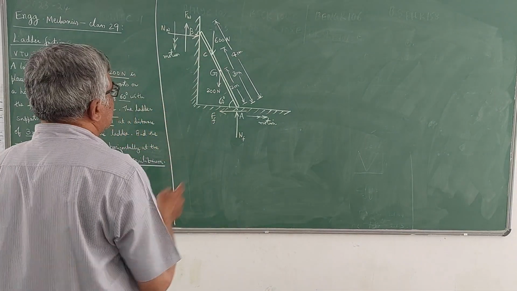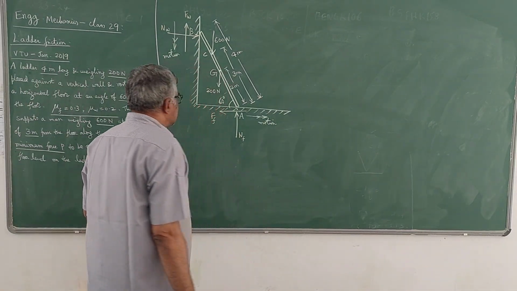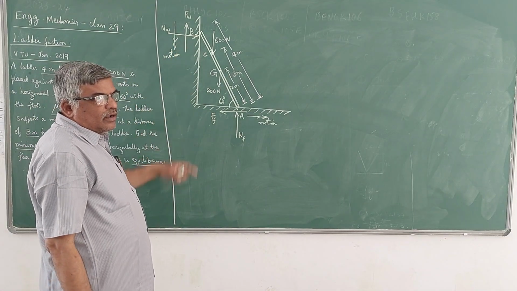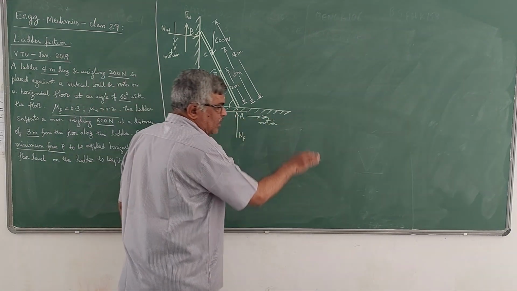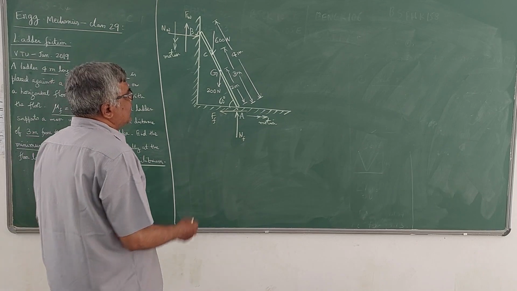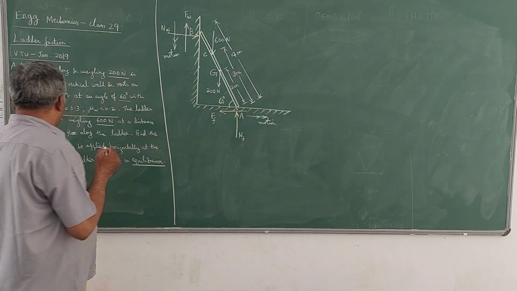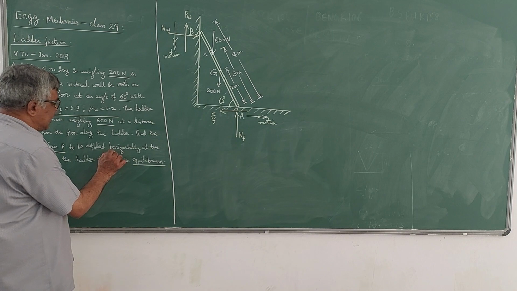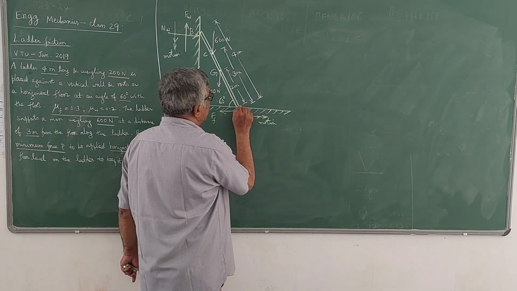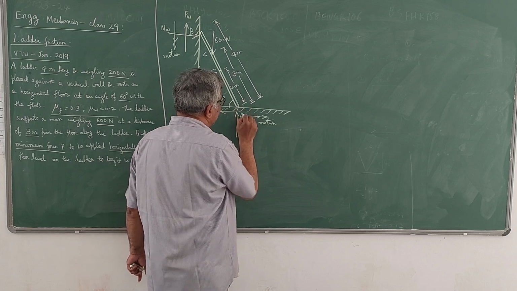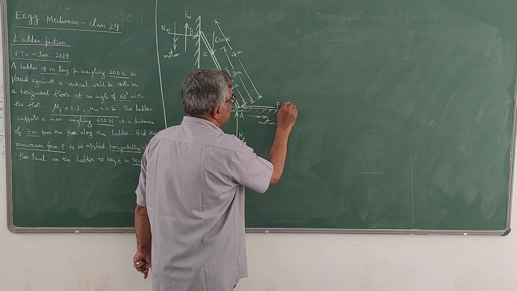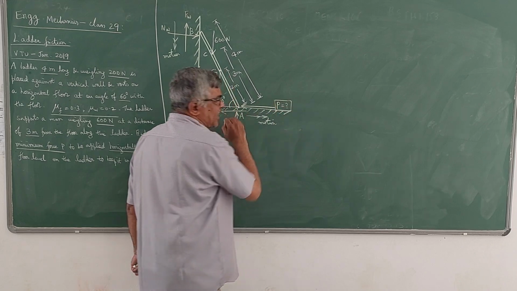Now these are the things. Since the ladder tries to slip down along the wall and tries to move towards right along the floor, we have to apply a force P horizontally at the floor level. So this is the floor level. At the point A, we have to apply a horizontal force P like this, just to avoid the slipping of the ladder.